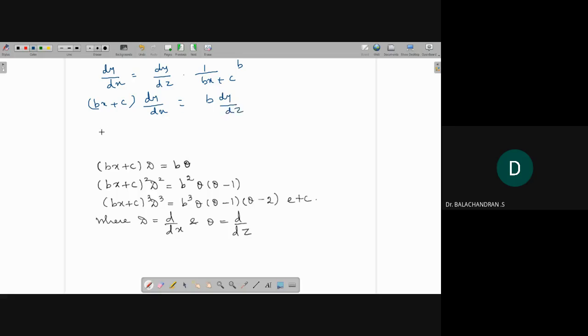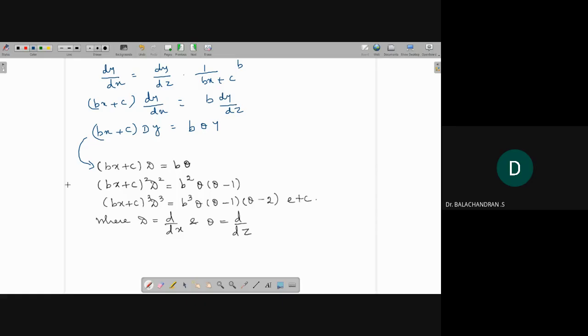Or you can write this as bx plus c into dy equal to b into d by dz of y, or from this you can write bx plus c into D equal to b theta.